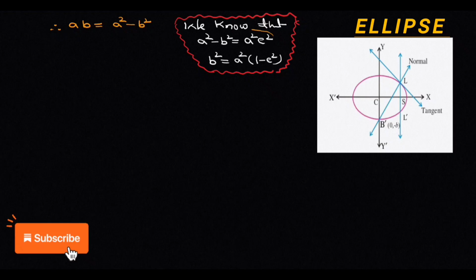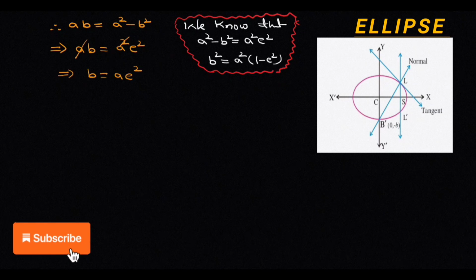We know that a square minus b square equals a square e square. Substitute here: ab is equal to a square e square, and on both sides a cancels. Then we get b equal to a into e square. Now squaring on both sides, we get b square is equal to a square e power 4. Now again b square equals a square of (1 minus e square).